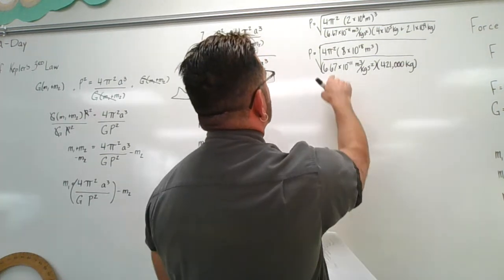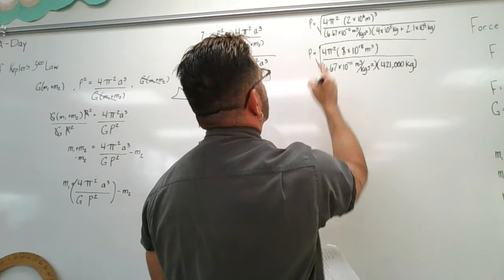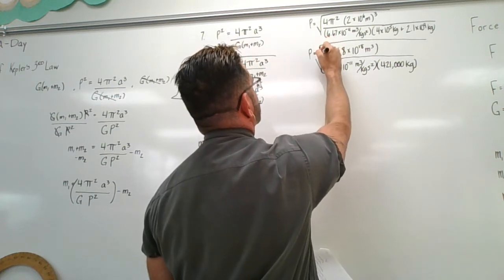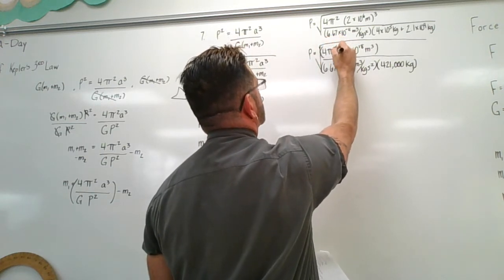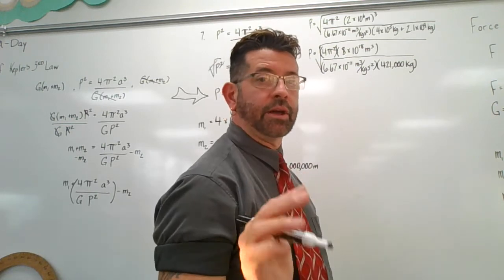So then I would multiply these and multiply these. Now, again, this is one number. Think of this as a single number. Put that in your calculator with parentheses around it. It'll help you.